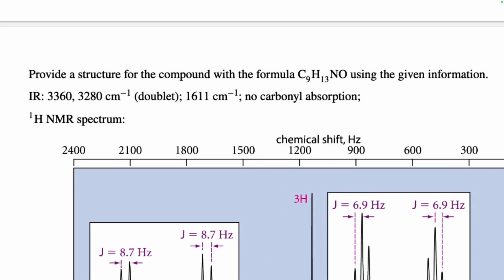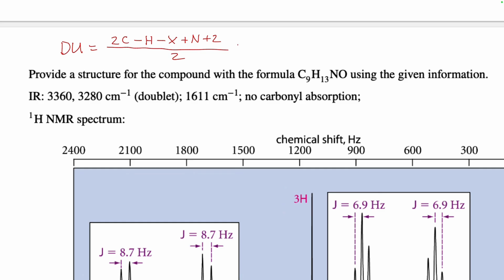And the way the equation works is degrees of unsaturation is equal to 2 times the number of carbons minus the number of hydrogens minus the number of halogens, if you have any, plus the number of nitrogens, if there are any, plus 2, all divided by 2. And I'll give you that equation on an exam. You won't have to memorize that. You just have to be able to use it.